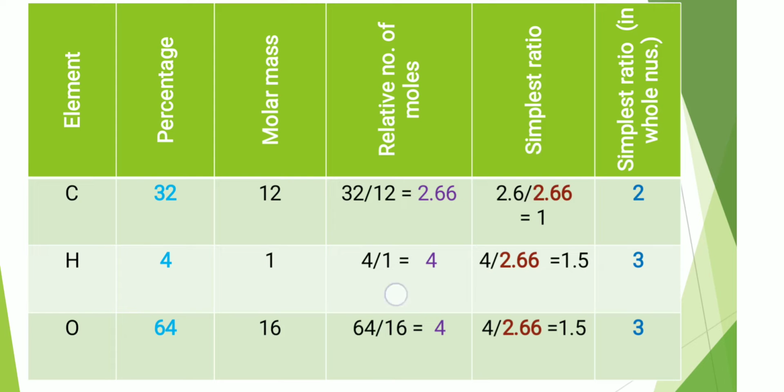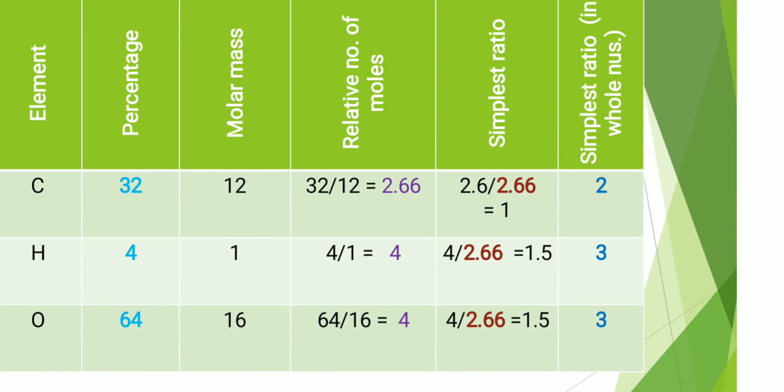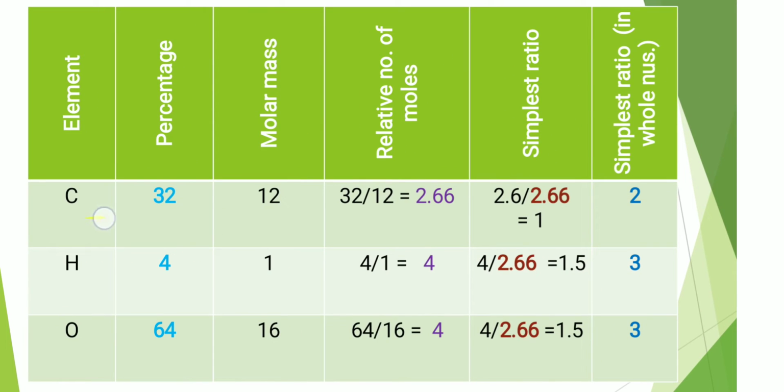Now we have calculated all the relative number of moles for each element present in the compound, C, hydrogen and O. We compare these 3 relative numbers of moles. Which is the smallest one? For carbon alone, it is the smallest, 2.66.